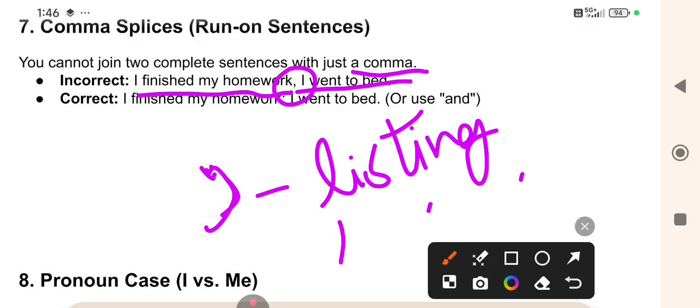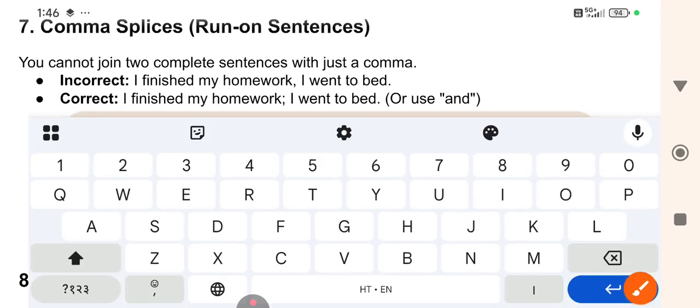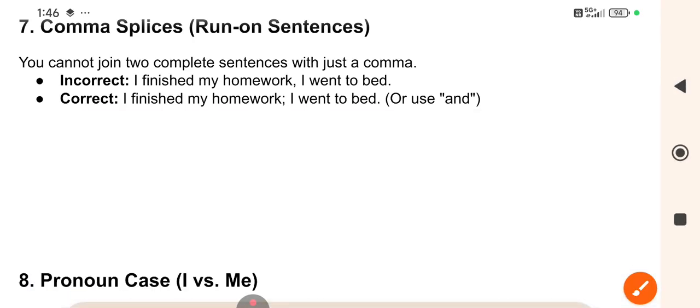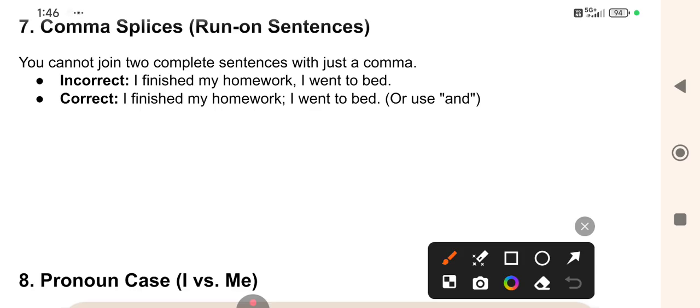But here, I finished my work and I went to bed. That is not part of one listing like a routine. These are connected to each other, and that is why we use a semicolon. A semicolon is used where one work is finished and another work follows.